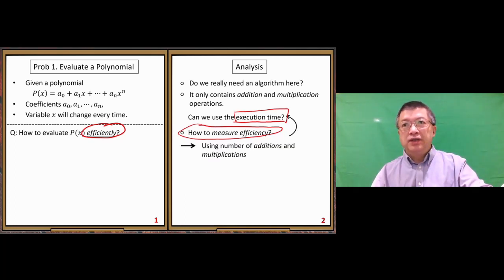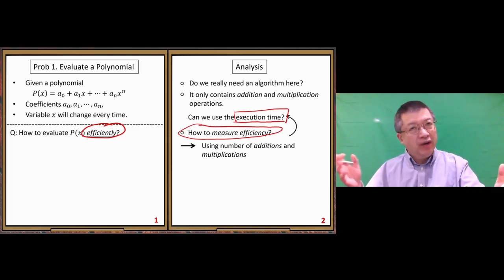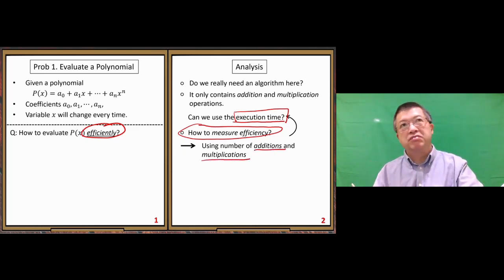A better answer is using the number of additions and multiplications. That is a better idea because no matter what machine you use, if you count the number of additions and the number of multiplications, everyone will give me the same answer.